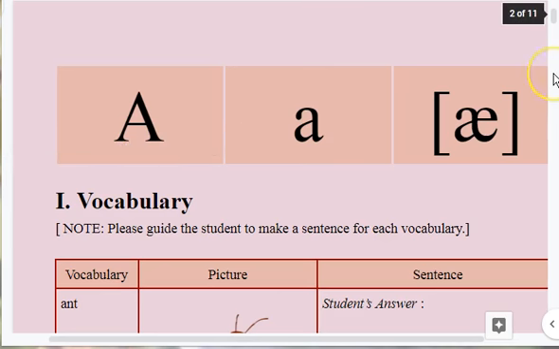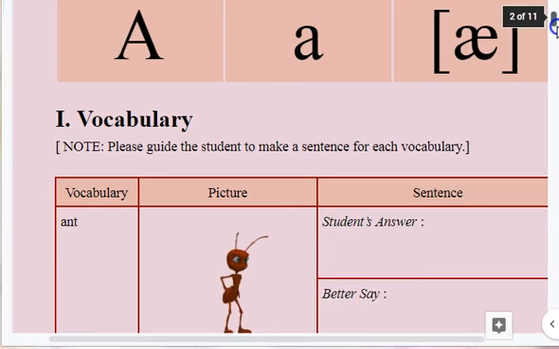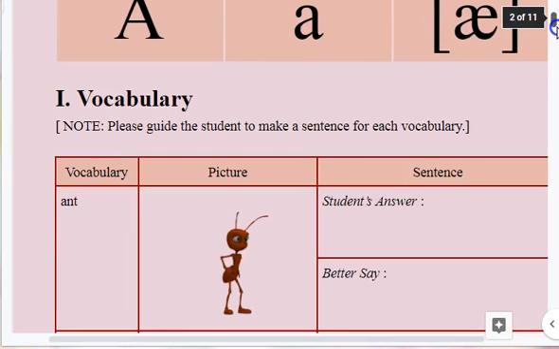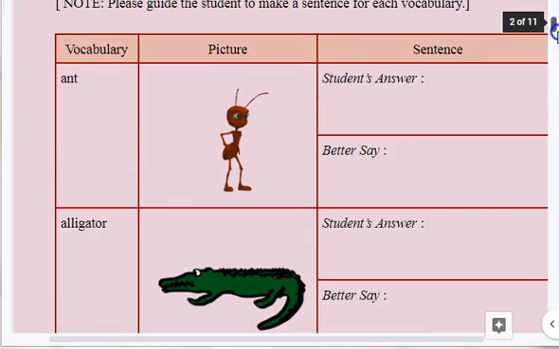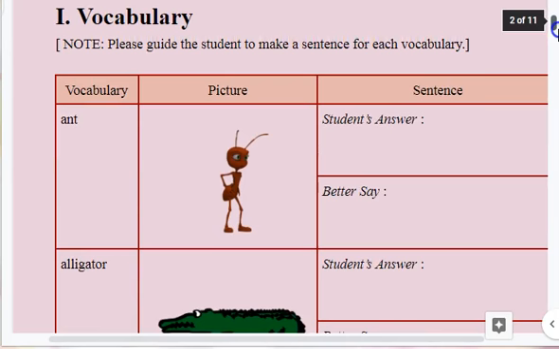So again, we will study the short A sound. We'll start with the vocabulary part. In this part, you will be asked to write a sentence about the vocabulary. The first one is ant.